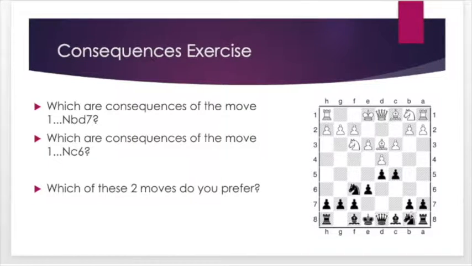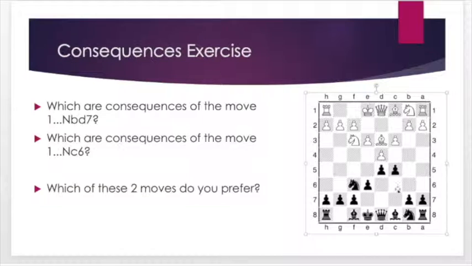And I'll go ahead and show you. This is the b8 knight. So you can go here to c6 or here to d7. What I'd like you to do is pause the video, and think of both the positive and the negative consequences of each move.